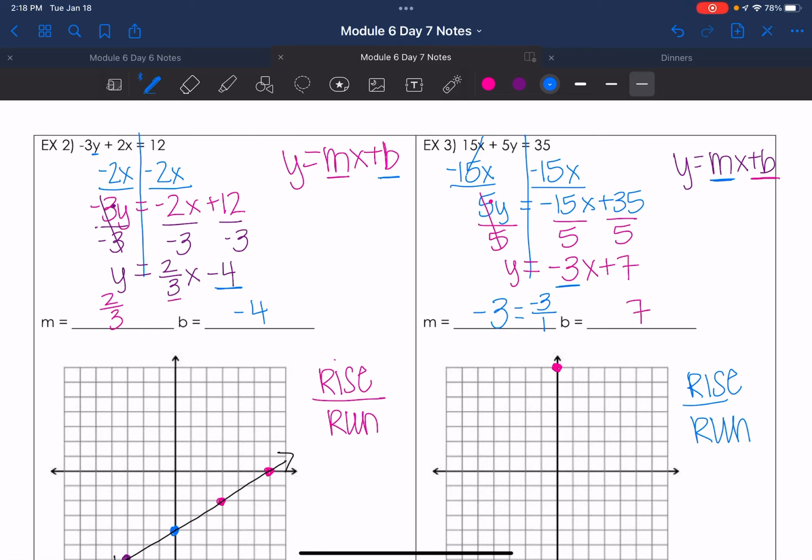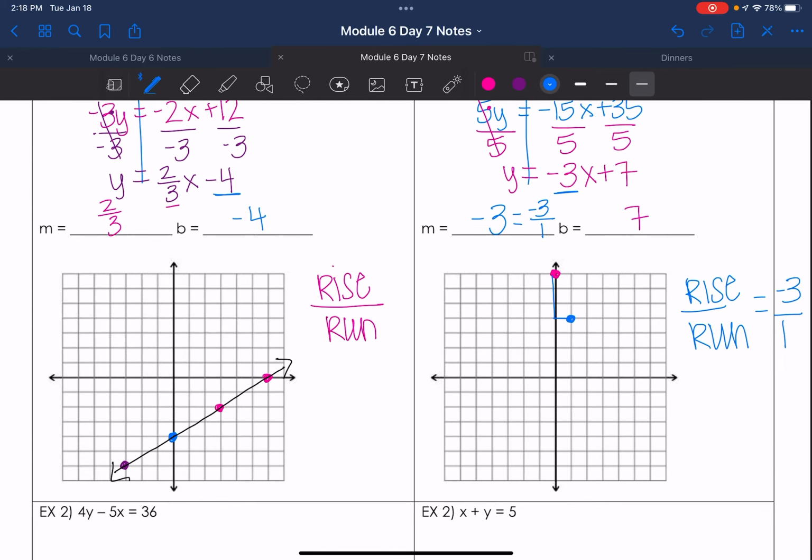If my rise is -3 and my run is +1, then that means that we are going to be moving down 3 and then to the right 1. So we're still going to be moving to the right because that run is a positive number.